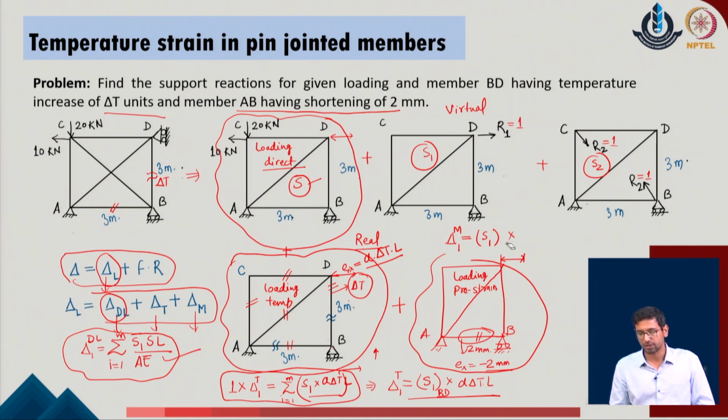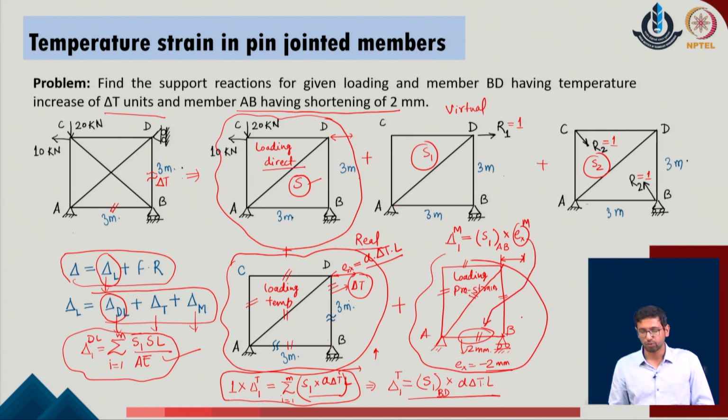Now, sorry, as the member pre-strain is available in the member AB, I have to calculate the force S1 in the member AB of the given system, because all the remaining members are having 0 deformations. This S1 with respect to AB, which is over here, into the e of x corresponding to the member pre-strain part, and this value comes out as -2 as we have defined over here.